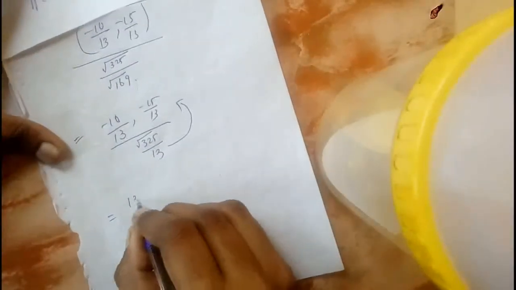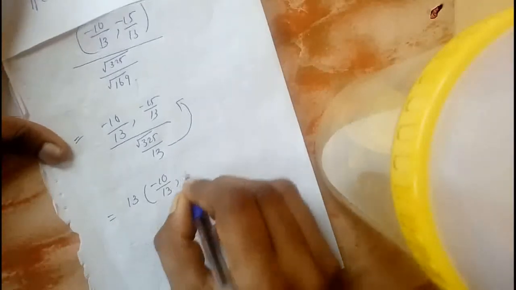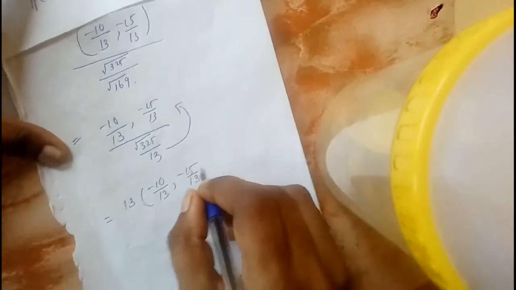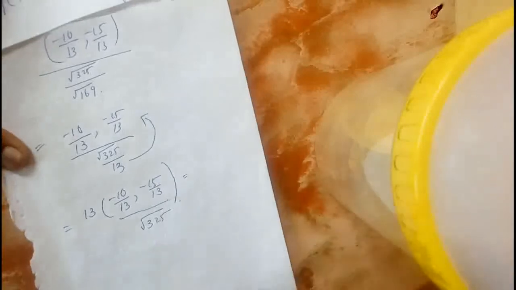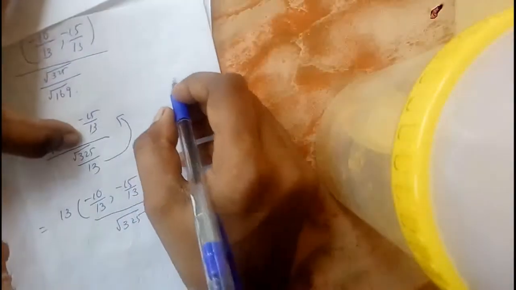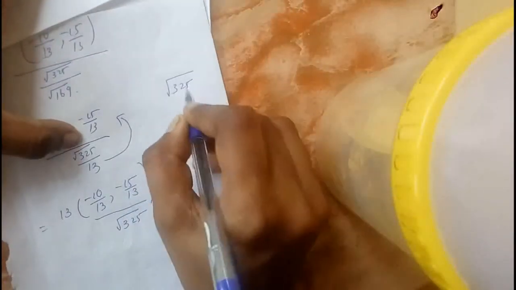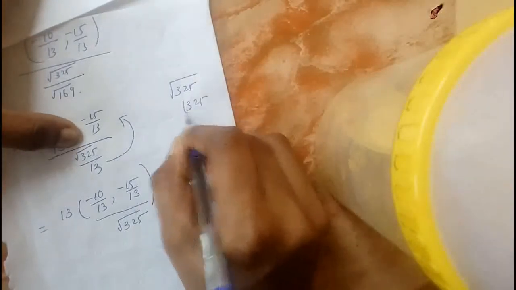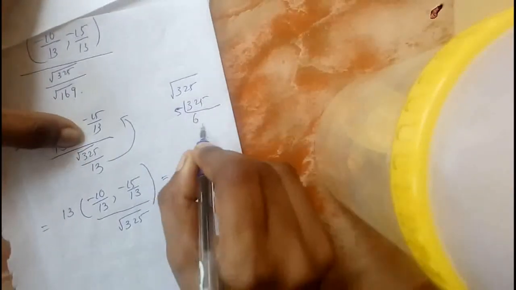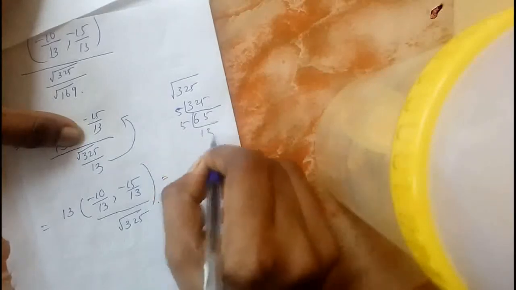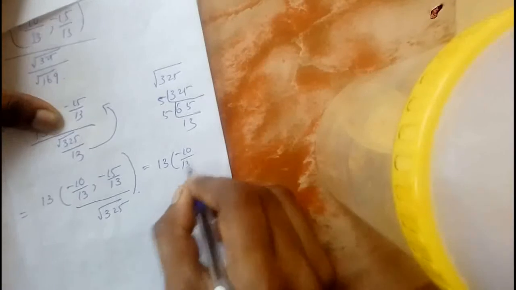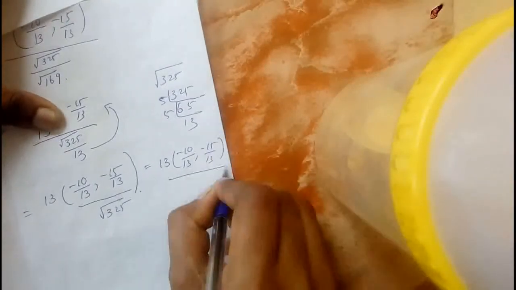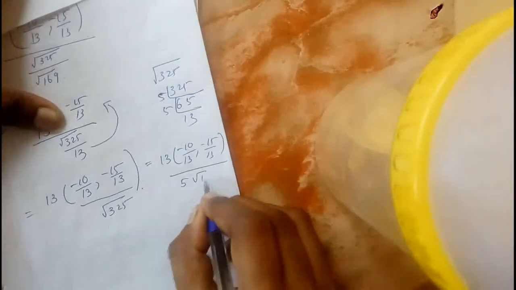So we get 13 into (-10 by 13, -15 by 13) divided by root 325. Root 325 can be written as 5 root 13.